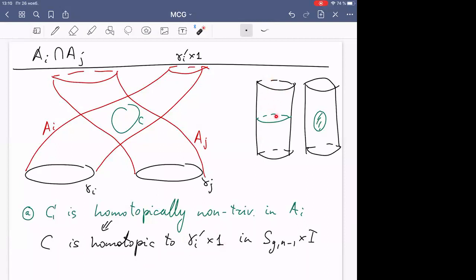This portion of the cylinder gives a homotopy between this curve and the upper base of the cylinder.